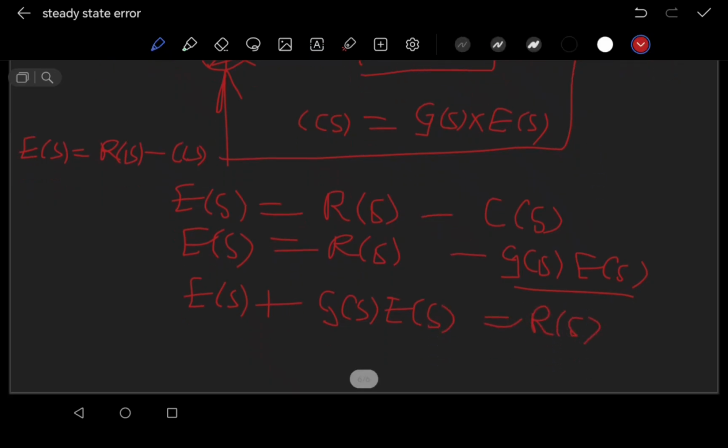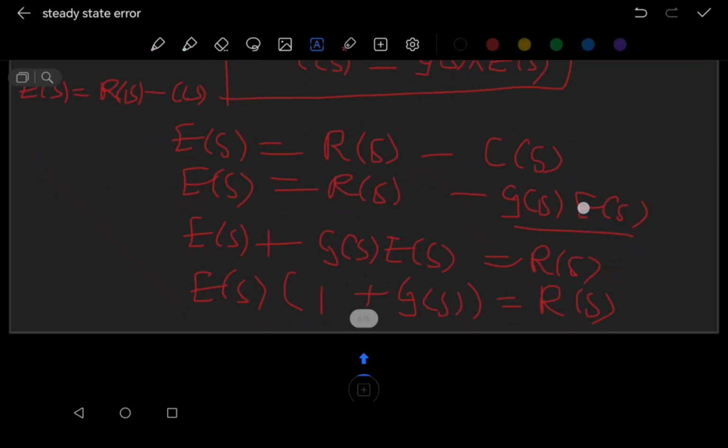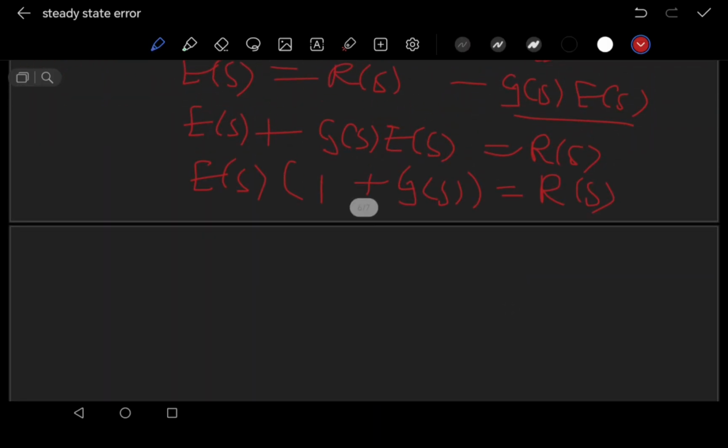Then from there we're going to factor out e, 1 plus g of s is equal to r of s. So when we're looking for steady state error, then of course it's going to be r of s over 1 plus g of s. So this is the formula in terms of g of s.